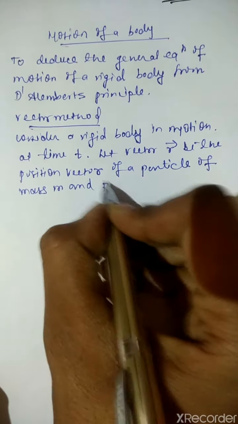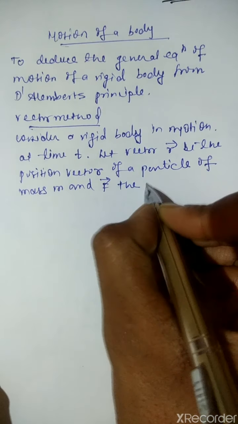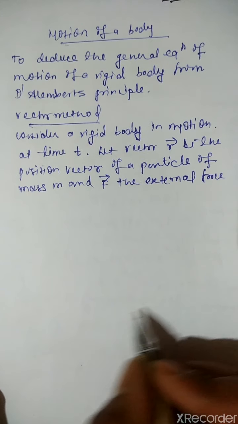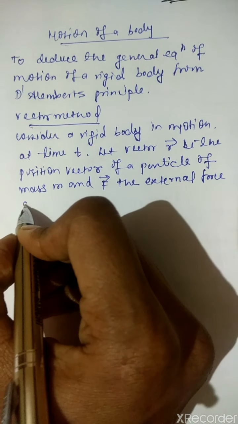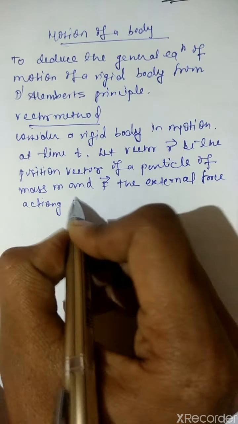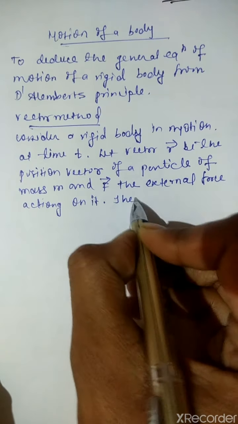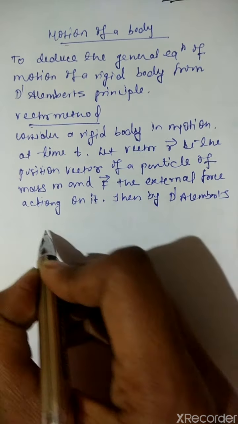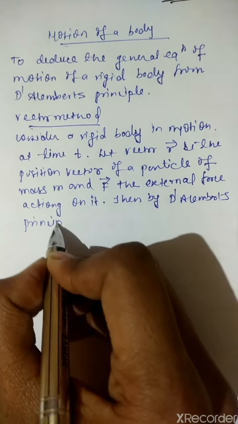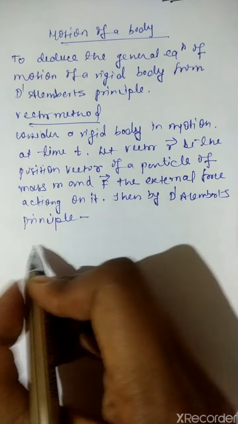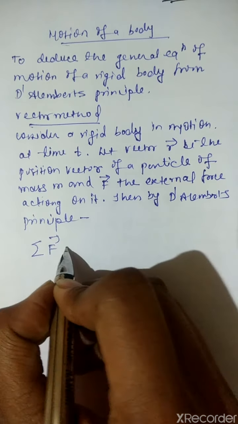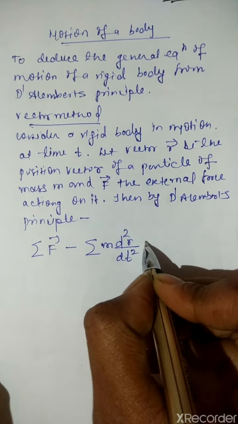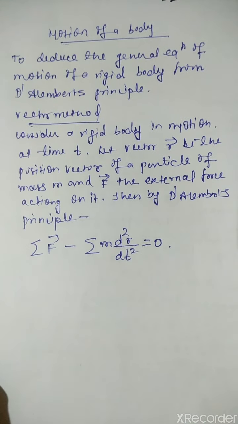and F the external force acting on it, because we are using D'Alembert's principle here, so the external force is very important. Then by D'Alembert's principle we have F minus sigma m d2r by dt square equals 0.